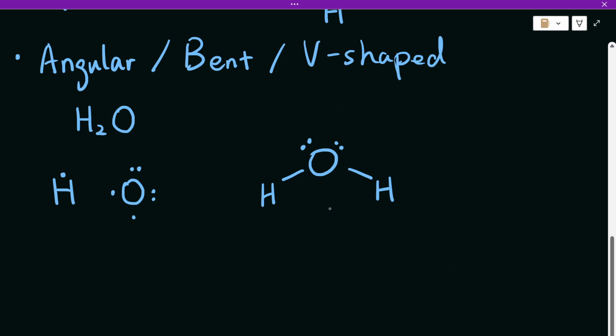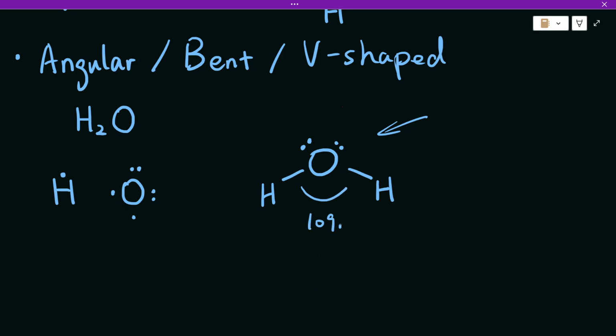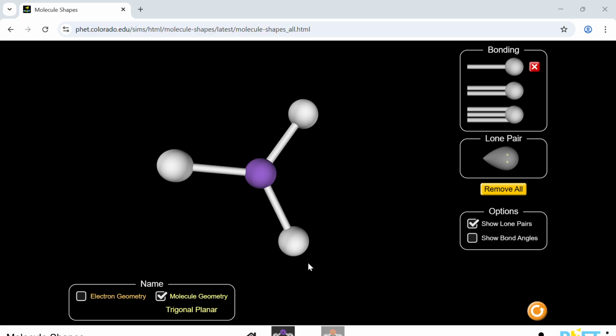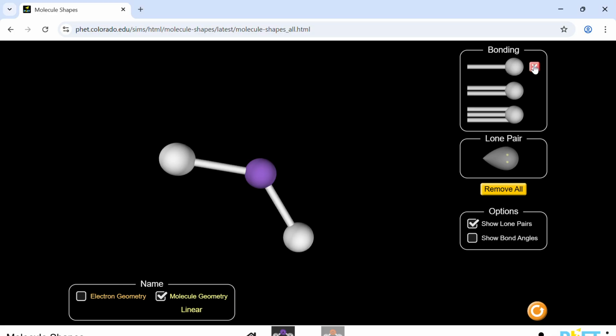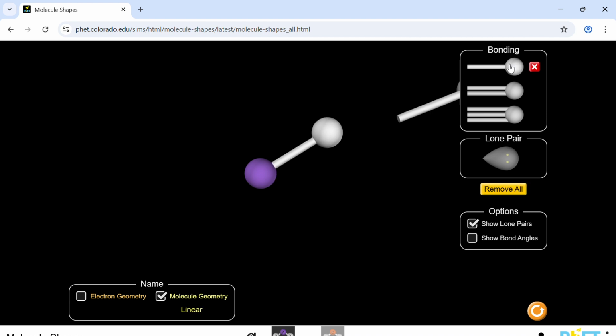And we can see that in this structure, the two covalent bonds actually form an angle of approximately 109 degrees. And this is called bent. And we can also visualize this in this model by placing two lone pairs.